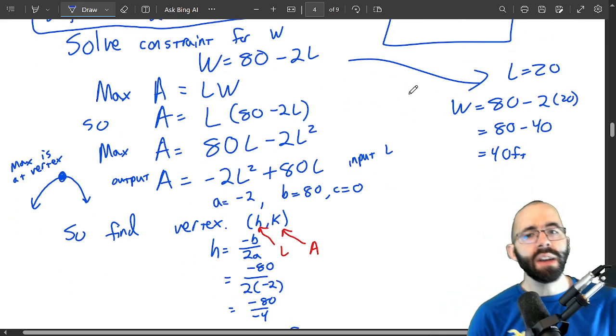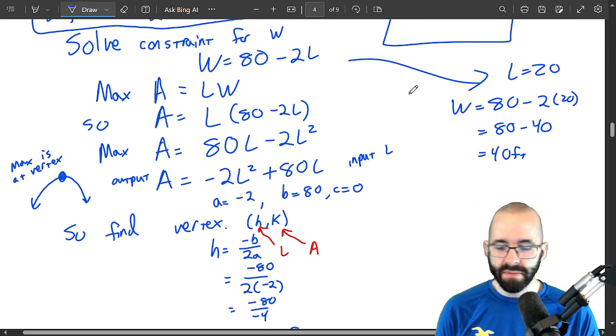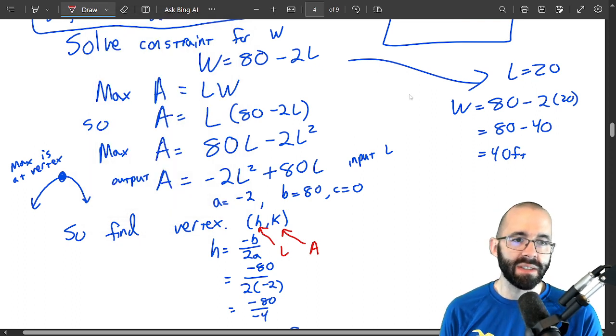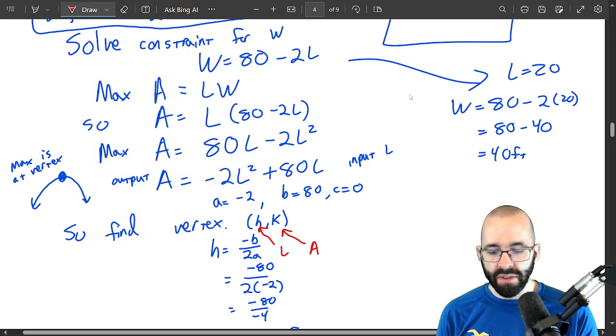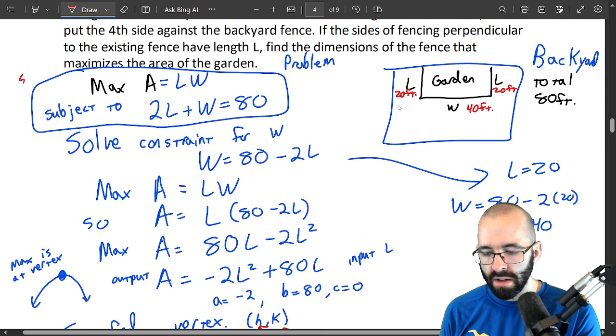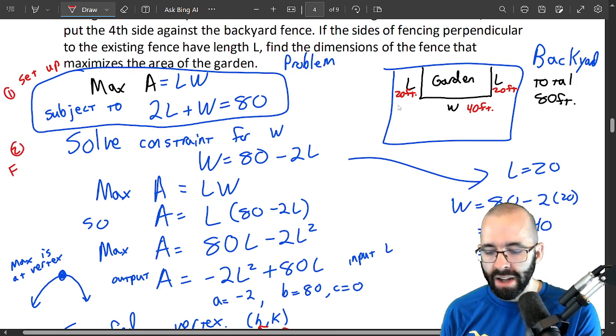Okay. So when you have a physical problem, we won't deal with a lot of physical problems. We'll deal with more like business applications. When you have a physical problem, essentially what we're doing is set up what we want and then eliminate a variable.